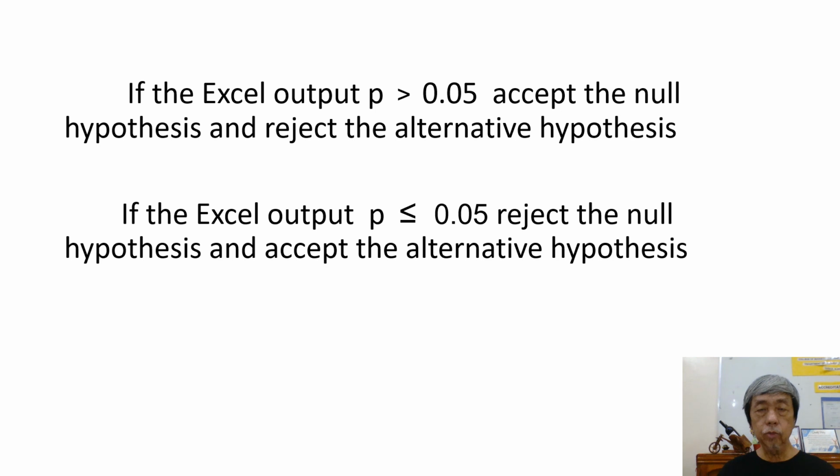If the Excel output P is greater than 0.05, accept the null hypothesis and reject the alternative hypothesis. If the Excel output P is less than or equal to 0.05, reject the null hypothesis and accept the alternative hypothesis.